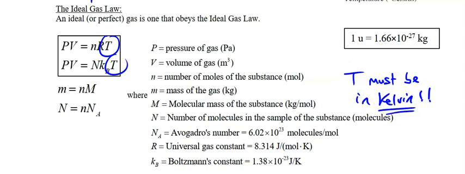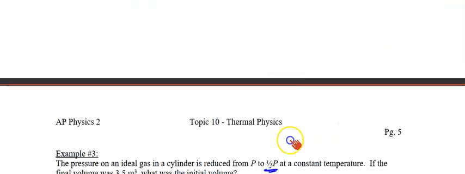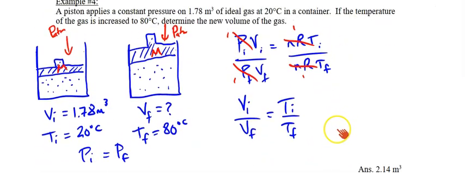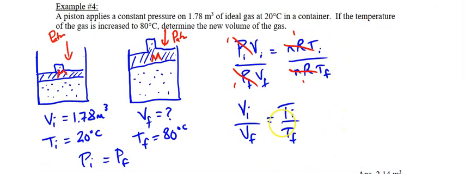All right, you need to remember that. That's a common mistake. You can't use Celsius because at 0 pressure, you should be at 0 temperature. Well, 0 Celsius actually would have a pressure, right? So it must be in Kelvin, okay? So that means that you have to convert your temperatures into Kelvin.